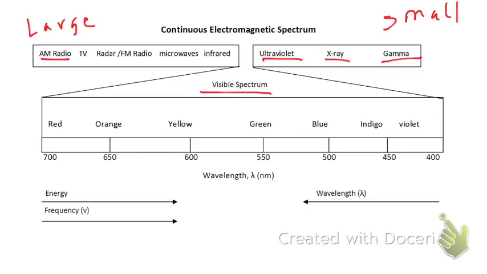X-rays, which we know we can use for medical purposes, and then gamma rays, which are generated by the nuclei of atoms. All right. So the wavelength then is going to get smaller as we move towards gamma, or in other words, it gets bigger in this direction here.